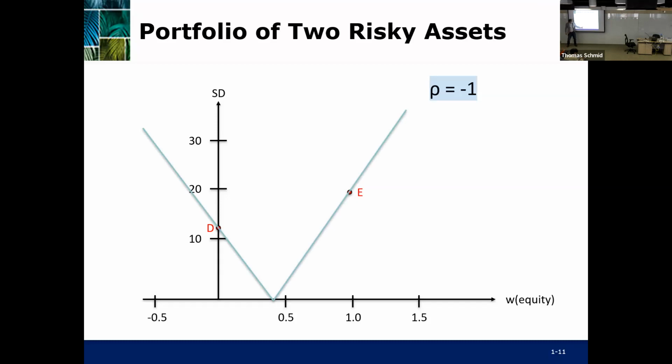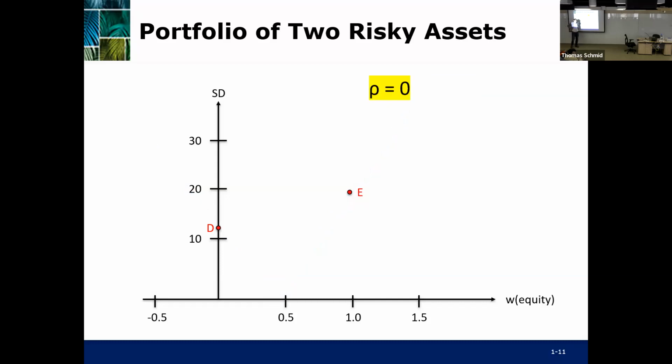And then after that point, there is a linear increase. And this point, again, don't look at the exact numbers, is the portfolio that combines D and E so that the resulting portfolio has no risk. Clear?